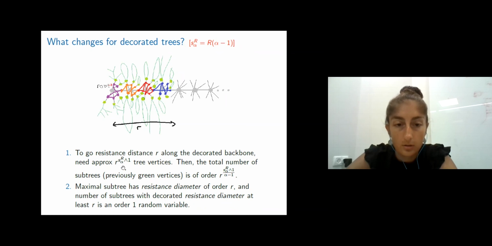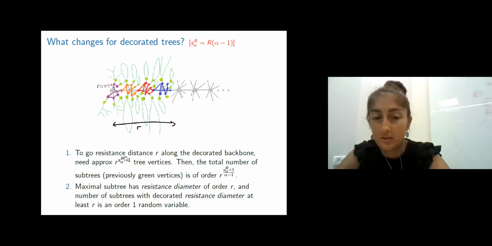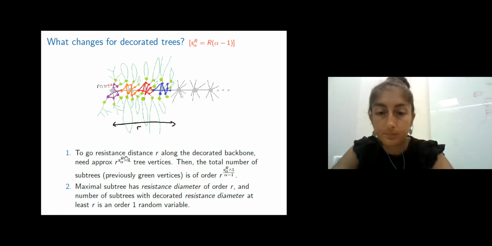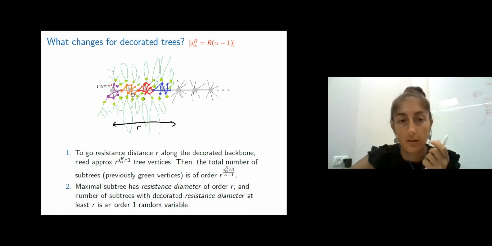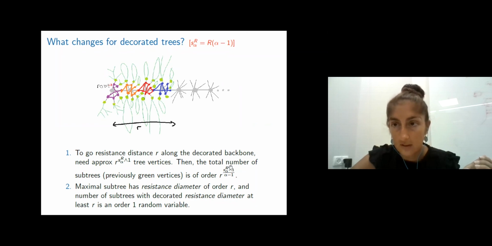Because we just changed the metric to the resistance metric rather than the graph distance, we have an r here instead of a d, but r plays exactly the same role as d. If you count how many of these green vertices you need to go distance r along the backbone in terms of this resistance distance, you have the same expression as before, but with r in place of d, by exactly the same argument.